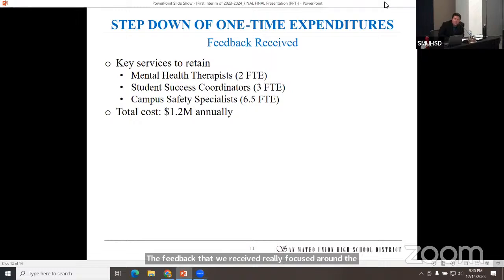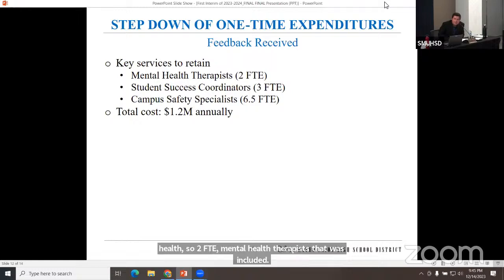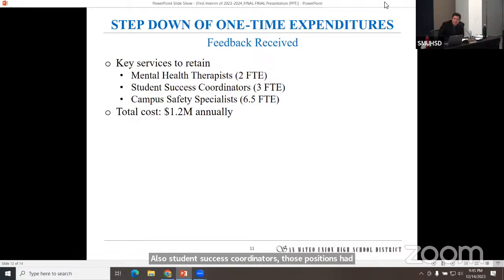So 2 FTE of mental health therapists that was included. Also, student success coordinators, those positions had been expanded during COVID. And they really, through the feedback we've received, are doing wonderful things for our students, and so especially some of our students who need the most support.